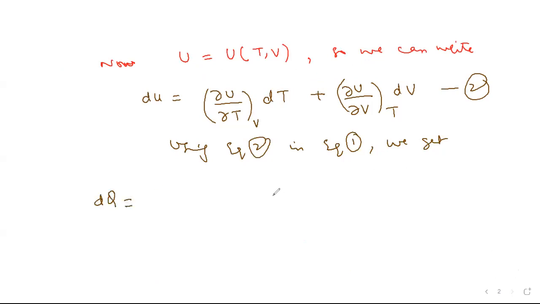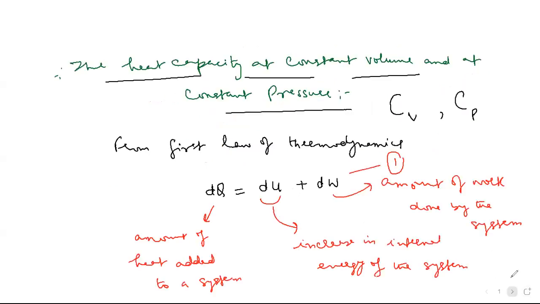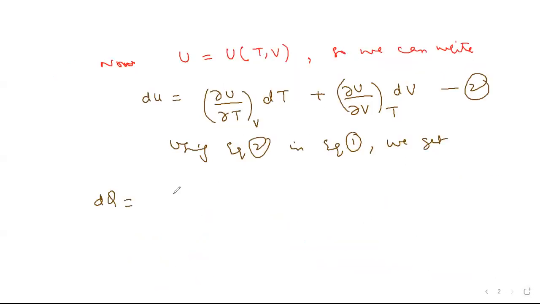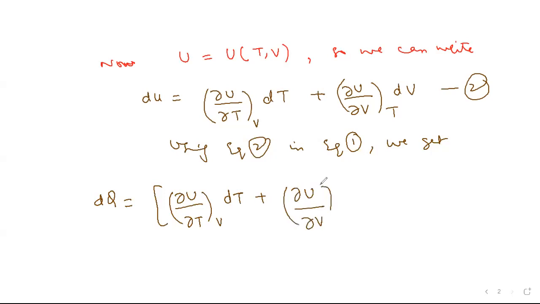Now instead of du, I will write this whole expression, that is dou u by dou T at constant volume times dT plus dou u by dou V at constant temperature dV.